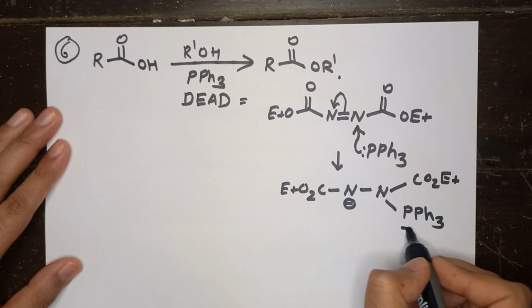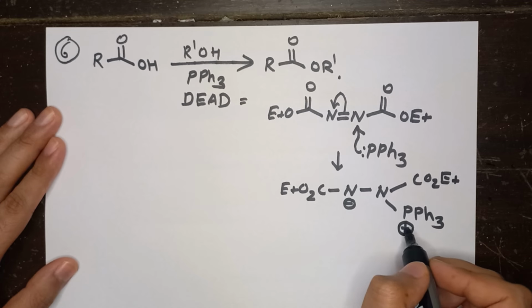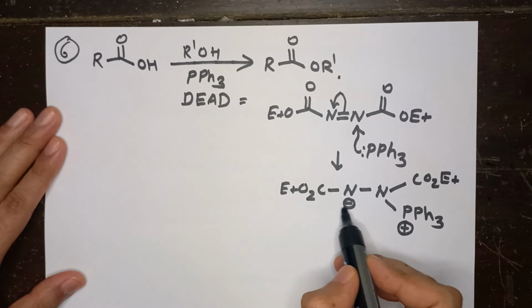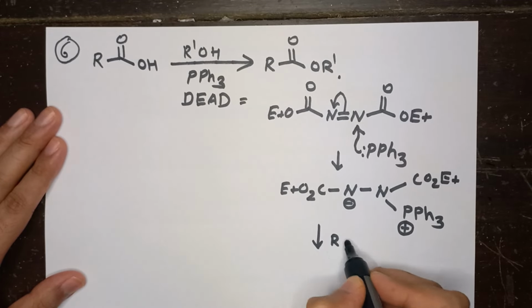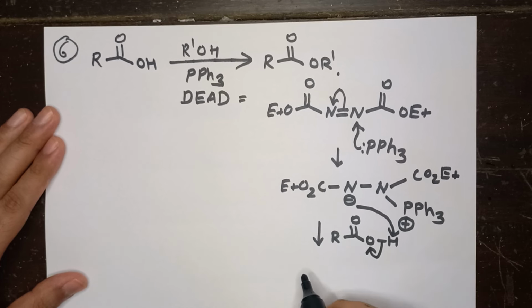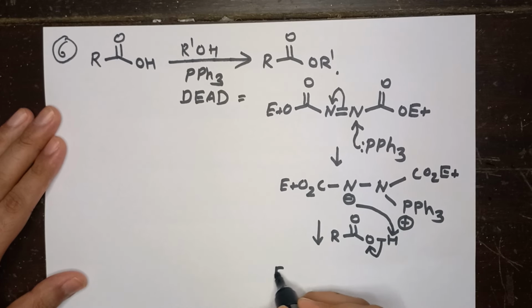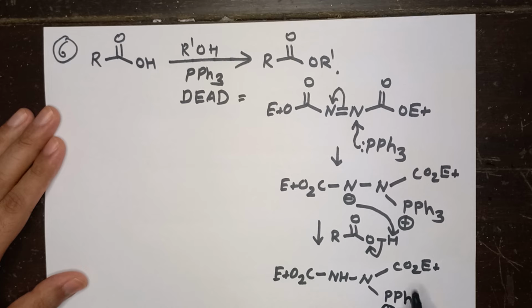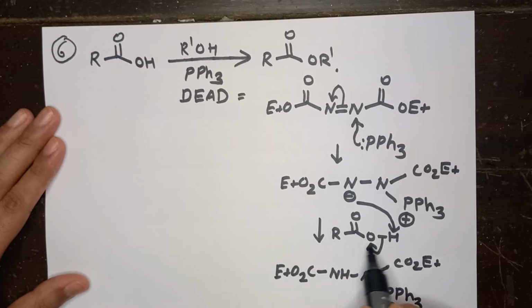Now this phosphorus will get positive charge because it's forming 4 bonds. Now we have an acid, and we have a negative charge. So this negative charge nitrogen will grab this proton and will generate carboxylate anion. So we have EtO2C, NH, nitrogen, CO2 ET, and we have a PPH3 bearing positive charge. And we have also generated the carboxylate anion.